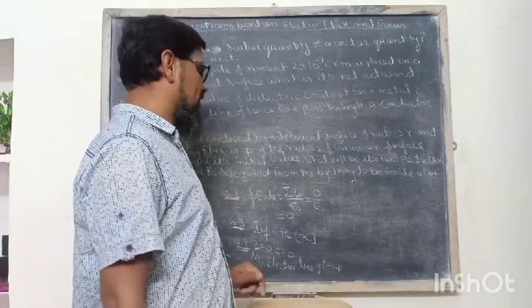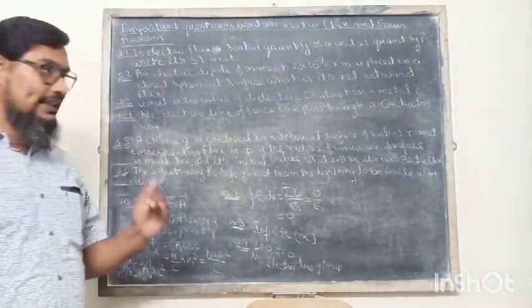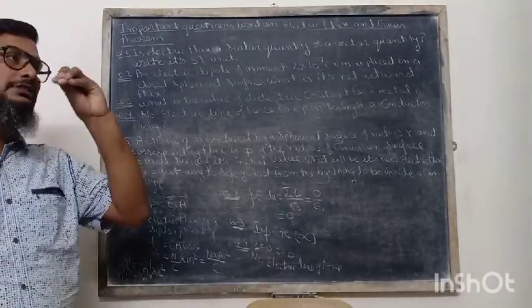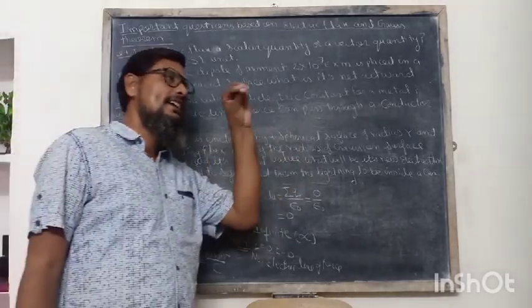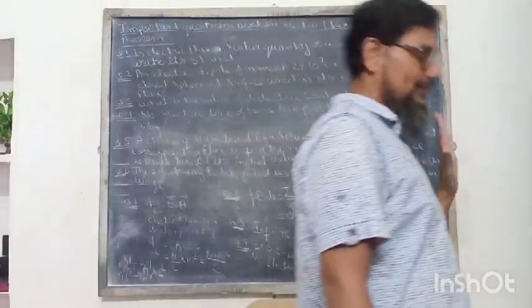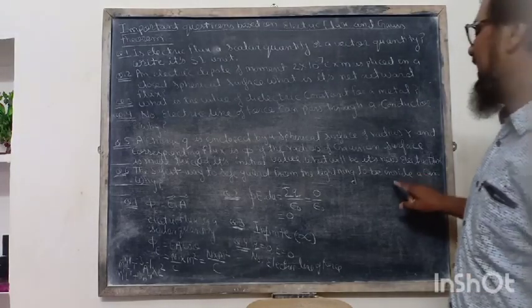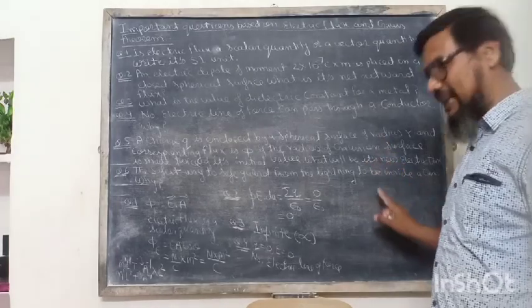The answer to this question we have discussed earlier also: Gauss's theorem does not depend upon the size and shape of the Gaussian surface. It is independent of shape and size.